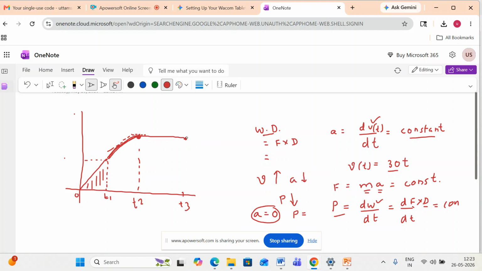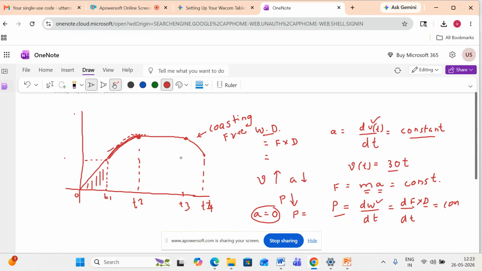Then the next phase, from T2 or T3 to T4, is called coasting, also called free run. During this, no power is given to the train.